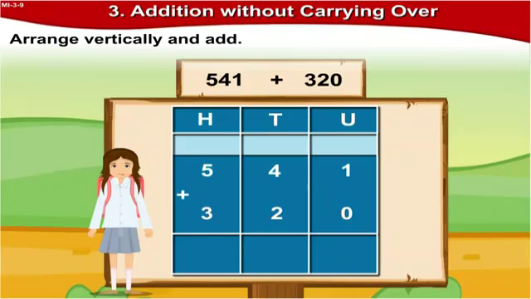Now let us begin our addition. 1 unit plus 0 units is 1 unit. 4 tens plus 2 tens is 6 tens. 500 plus 300 is 800, which means it is 800, 6 tens, 1 unit, that is 861.